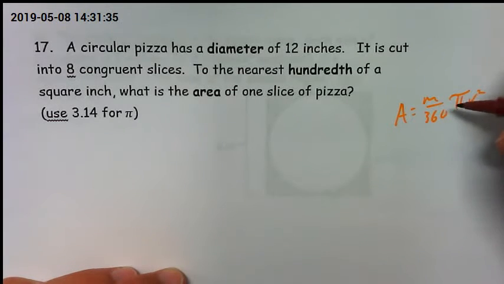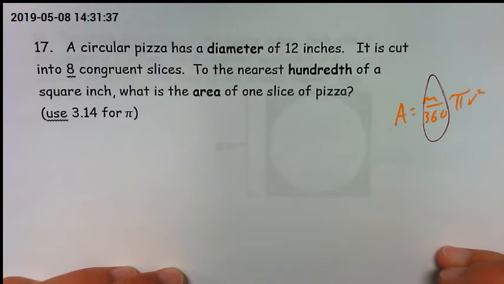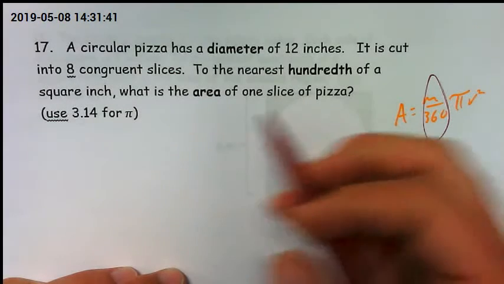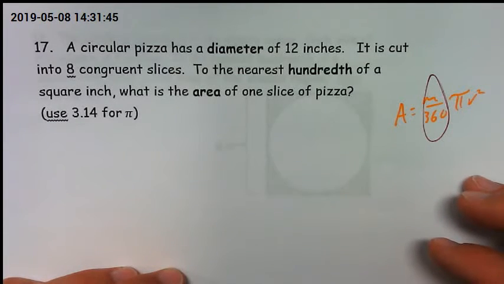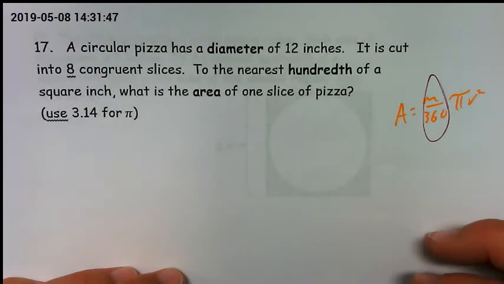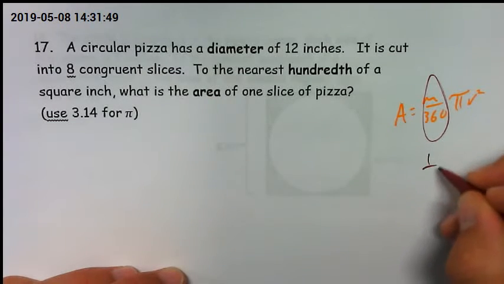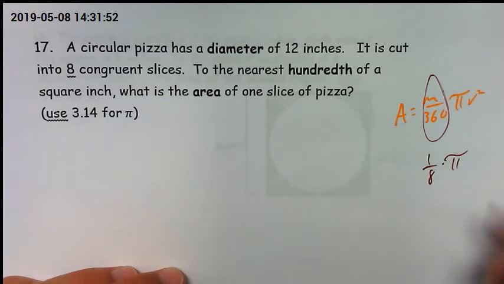So again, for this formula, what's left? Where do we find area? Just one slice, right? So instead of doing the measure over 360, what could I replace that with? The amount of slices. 1/8. So 1/8 pi. What's the radius? 6. Yeah, so 6 squared. We had to do half of the diameter. So that's 36.